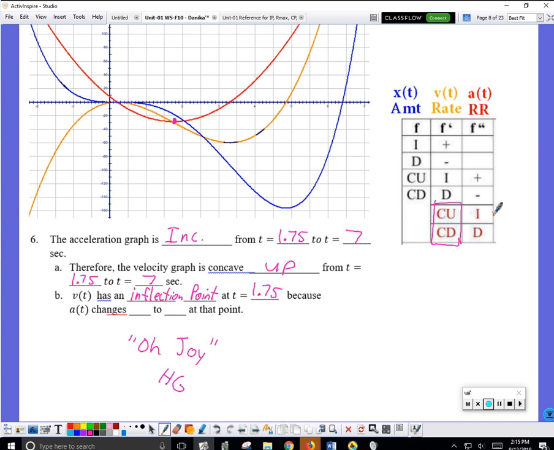You can see it. Acceleration is going down, then acceleration goes back up. So when the acceleration does that, the velocity has an inflection point. Good work. You have to be a little bit more specific. The inflection point on the velocity is when the acceleration changes.